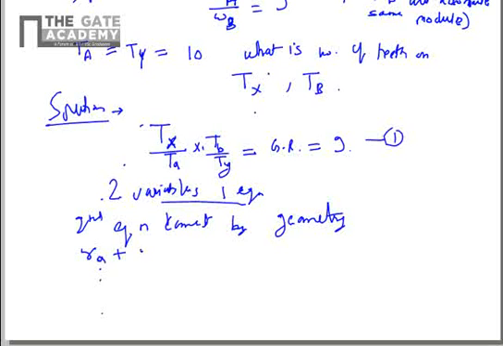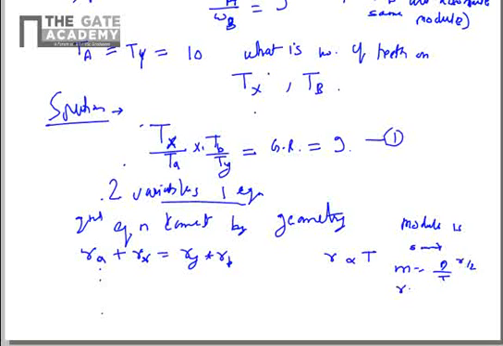So RA plus RX is equal to RY plus RB. Now since the module is the same, the radius is proportional to the number of teeth, because module is nothing but diameter by teeth. Diameter is 2 times radius, so R is equal to mT/2. Since module and 2 are constants, R is proportional to T.